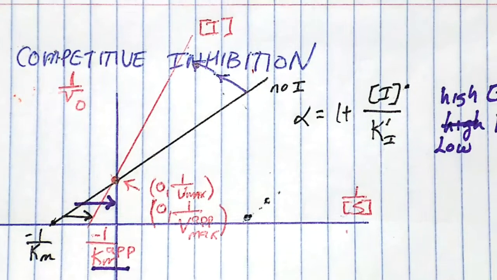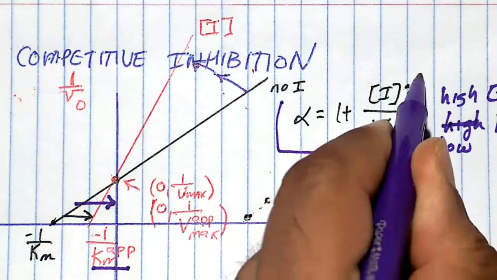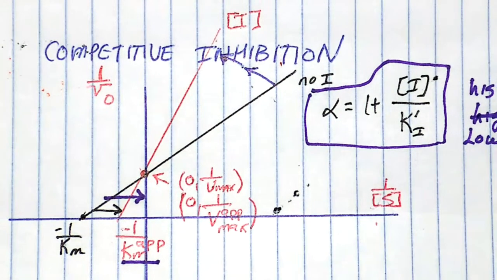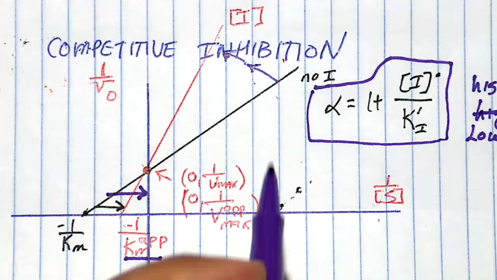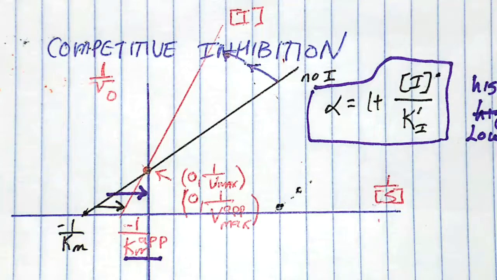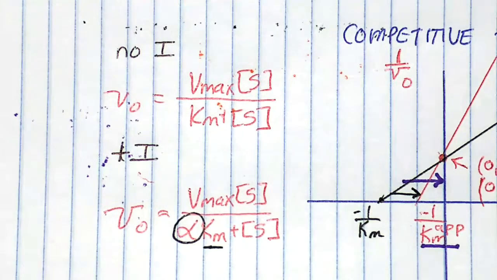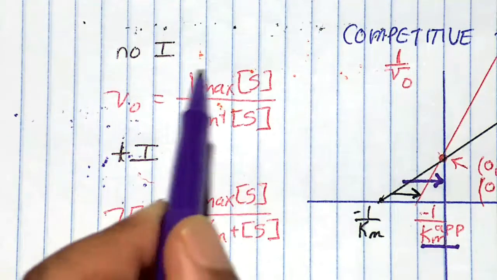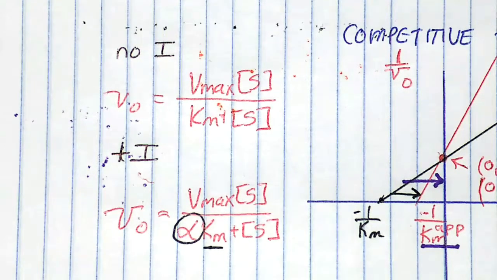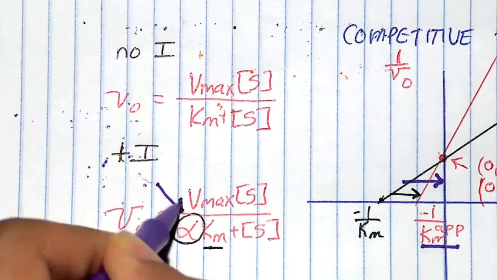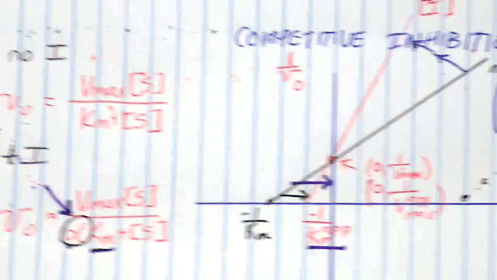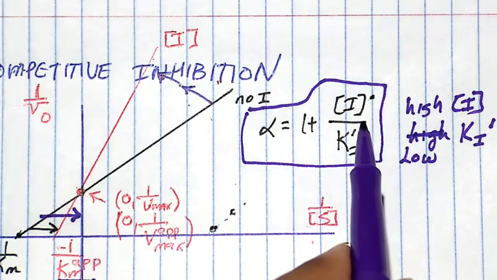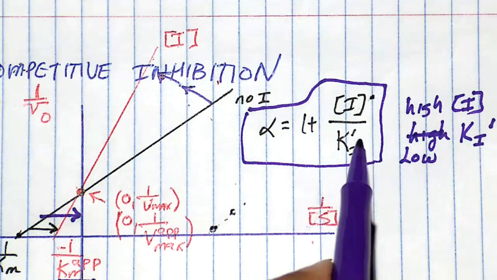Okay, so I'm not going to go into too much detail in terms of test questions on this alpha, but I just want to point it out and tell you that you now have a situation where before, let's go back to our Michaelis-Menten equation, everything without inhibition was just fine and we derived this equation previously in our video lecture, but now with the competitive inhibitor, our Km has been modulated, okay, and that modulation is dependent on this alpha factor, and the alpha factor is 1 plus the concentration of the competitive inhibitor divided by the dissociation constant.